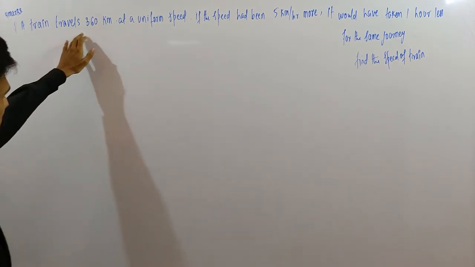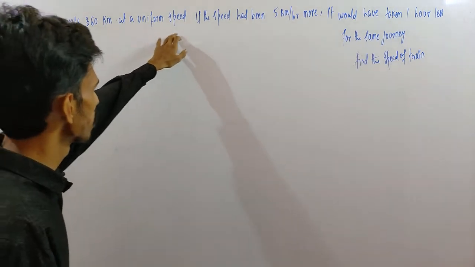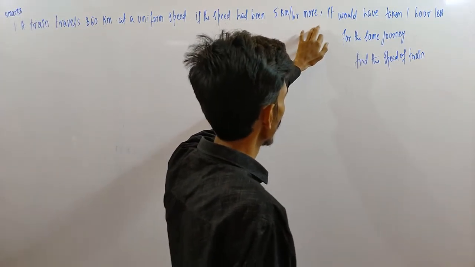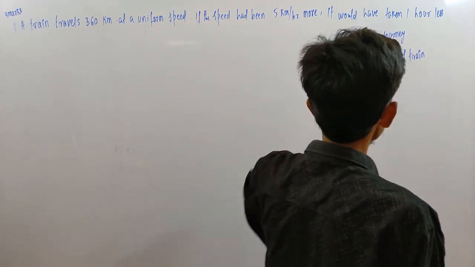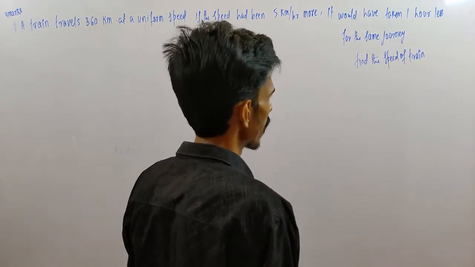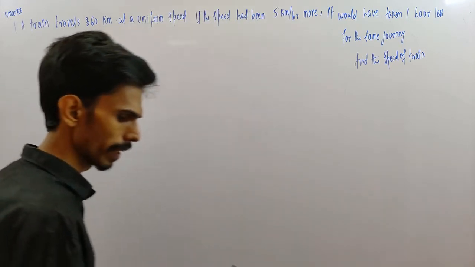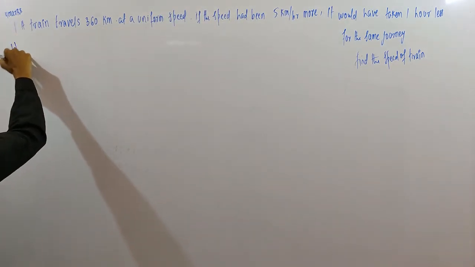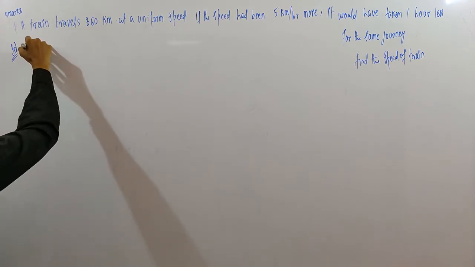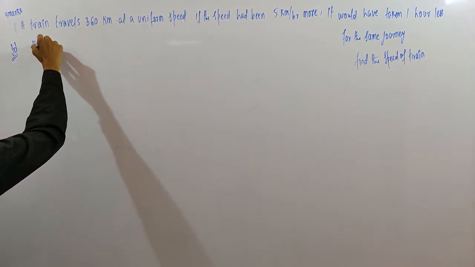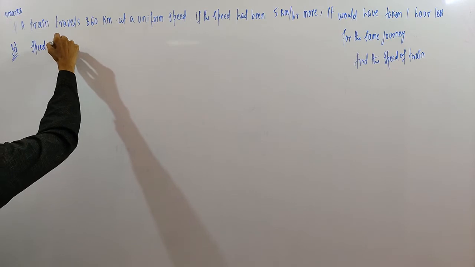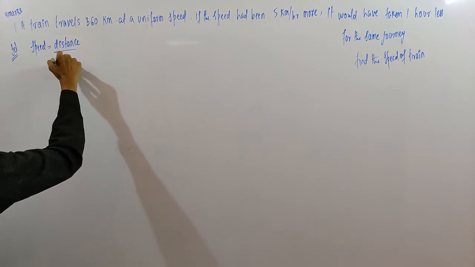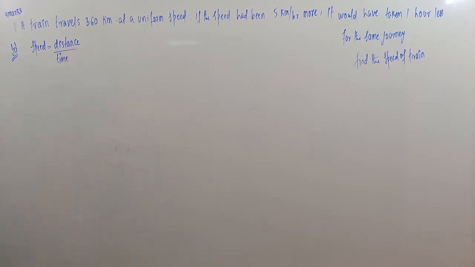A train travels 360 km at a uniform speed. If the speed had been 5 km per hour more, it would have taken 1 hour less for the same journey. Find the speed of the train. We know that speed is equals to distance divided by time.